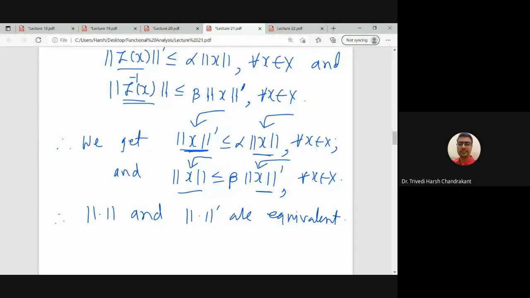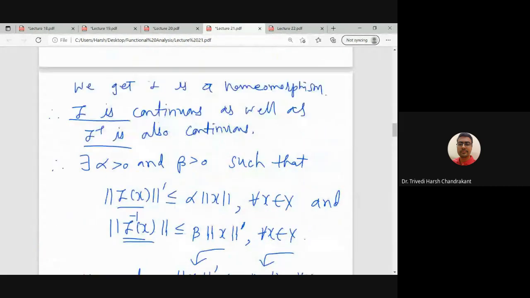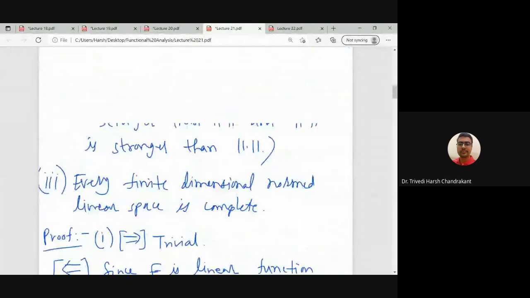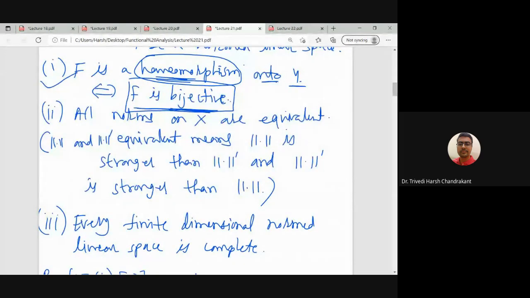So this is the second part, and the third part. So what did we prove in the second part? In the second part, we proved that if we have two norms defined on the same vector space, then they are equivalent. So in the third part, we want to prove every finite dimensional vector space is complete. Right.